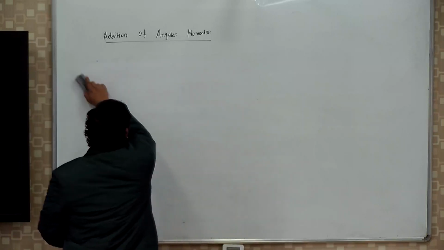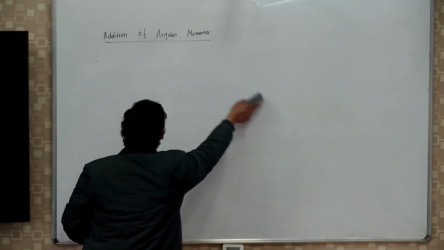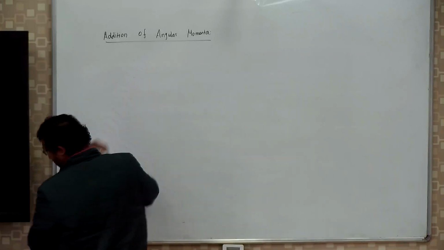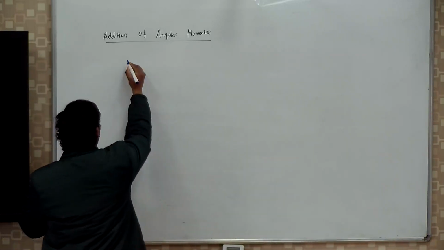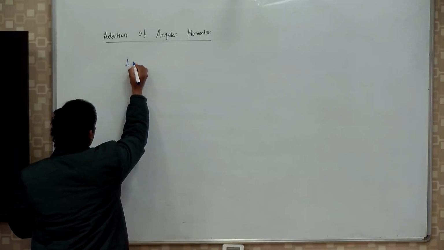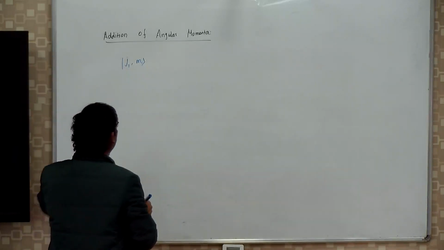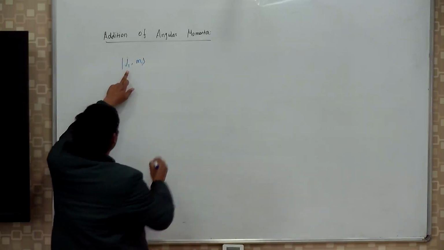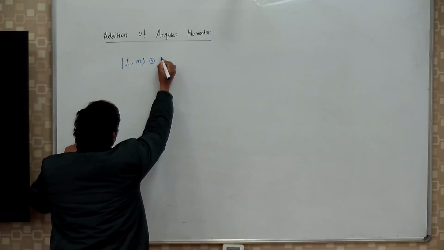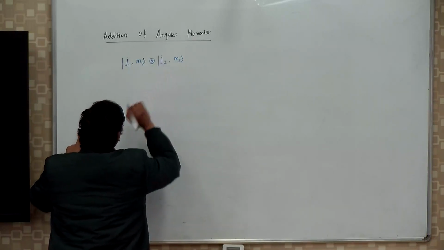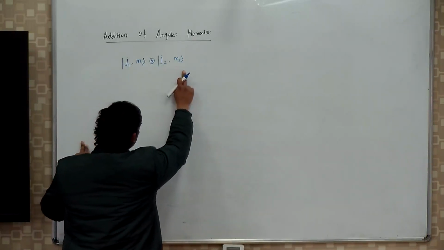By writing the combined state vector of Hilbert spaces H1 and H2, we can write a combined state vector. J1 comma M1 is the state vector for Hilbert subspace H1, and J2 M2 is for Hilbert subspace H2.